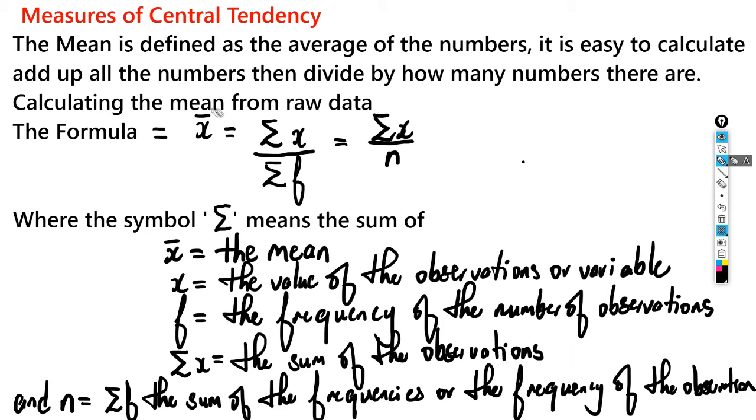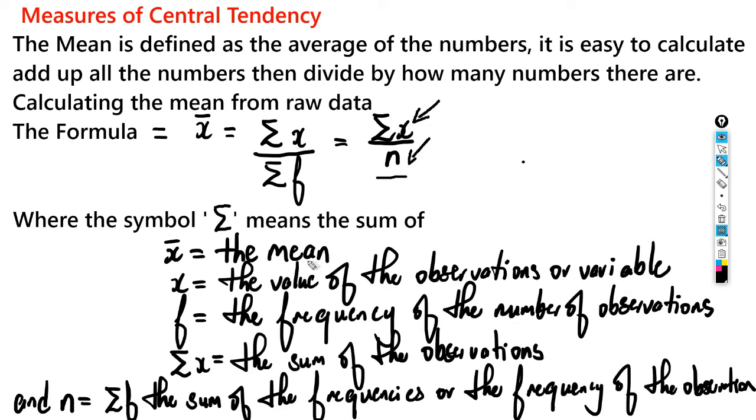And it says calculating the mean from raw data, the formula is x bar, that's what you call the mean, is equal to the sum of x over the sum of f, which is equal to the sum of all the numbers over the number of numbers.